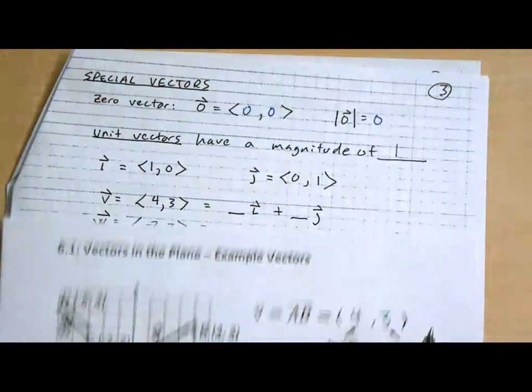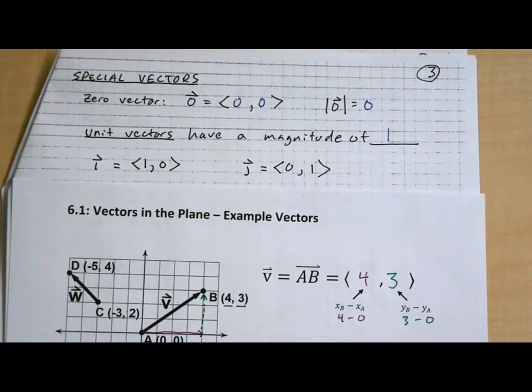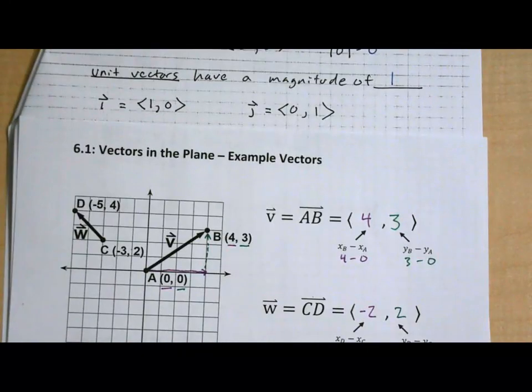There are two that pop up quite a bit, and they get a special name. These are the unit vectors i and j. Okay, so that is a lowercase i, but instead of a dot, I put an arrow above it, and a lowercase j. Same idea. These will always be lowercase when we do these. Don't draw me capital I's. It means something else.